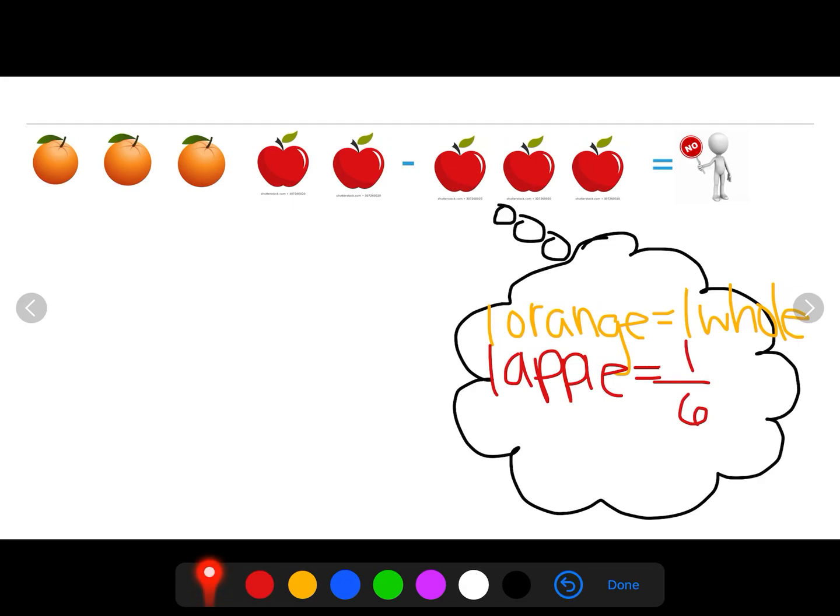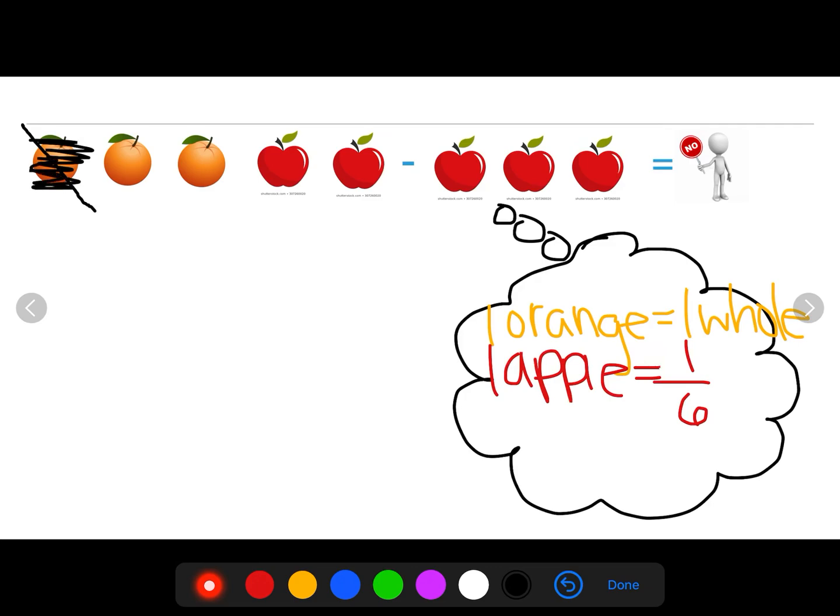That means that 1 apple is 1/6 of an orange. In other words, 1 orange, being a whole, equals 6/6 or 6 apples. So that means, guys, that I can actually take away 1 orange.